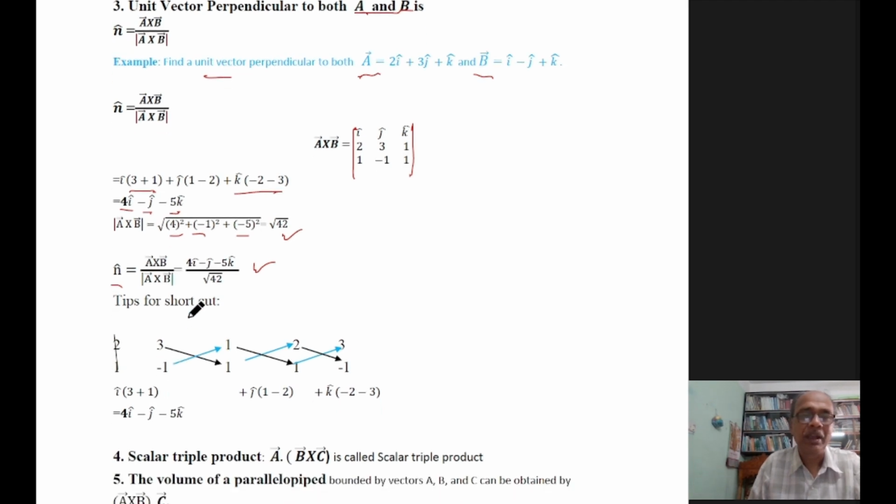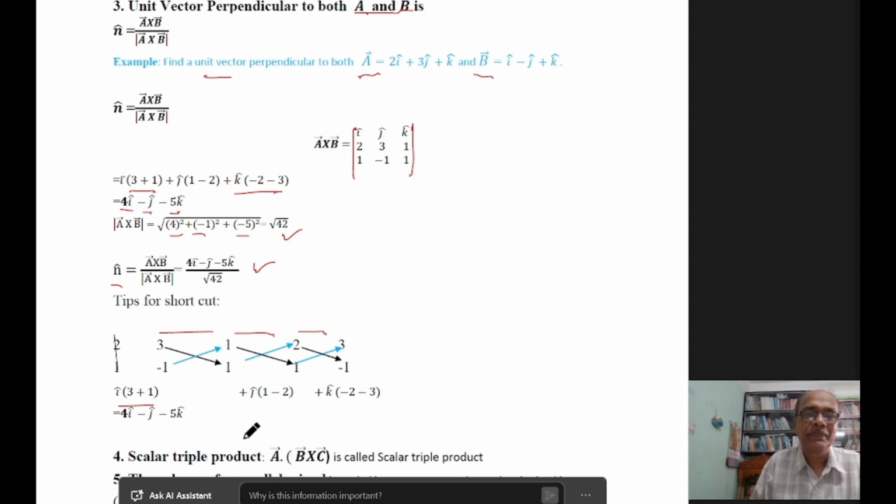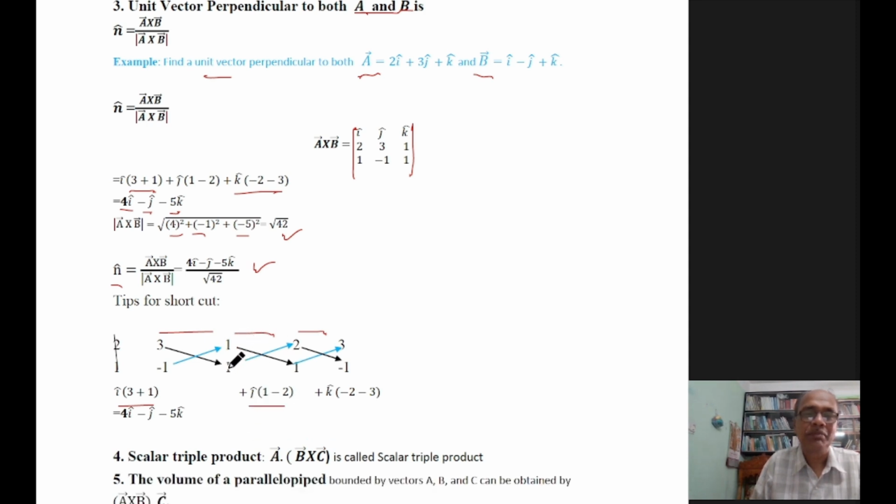Then this gives the value of i, this gives the value of j, this gives the value of k. You see i equals 3 into 1 minus of minus this one. Okay, this one is i. For j, multiply this one minus this one, 1 minus 2, k multiply this one minus multiplication of this one, so that equals minus 2 minus 3. So what will be the final result? 4i minus j minus 5k.